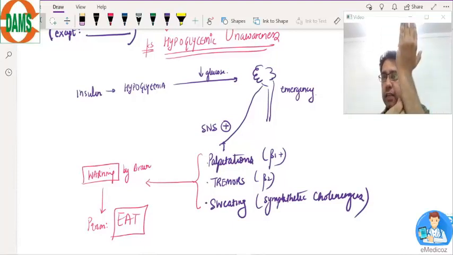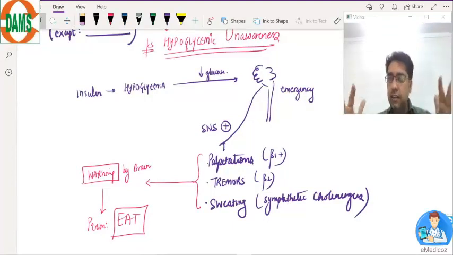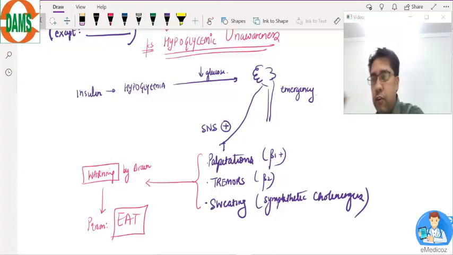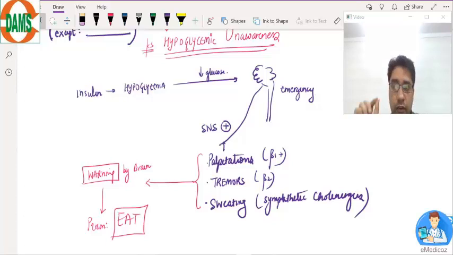So if a diabetic person has taken insulin and suddenly there is palpitations, tremors, etc., the person will come to know that I am now suffering from hypoglycemia. This is the method by which our brain is telling us, go and eat something. And this eating will cure hypoglycemia.